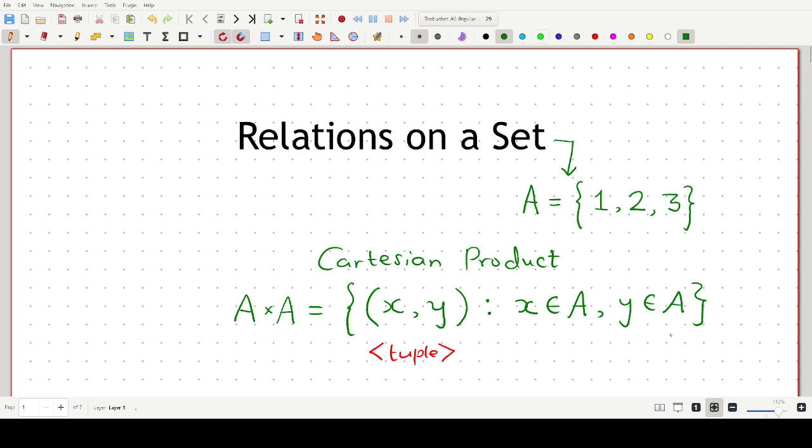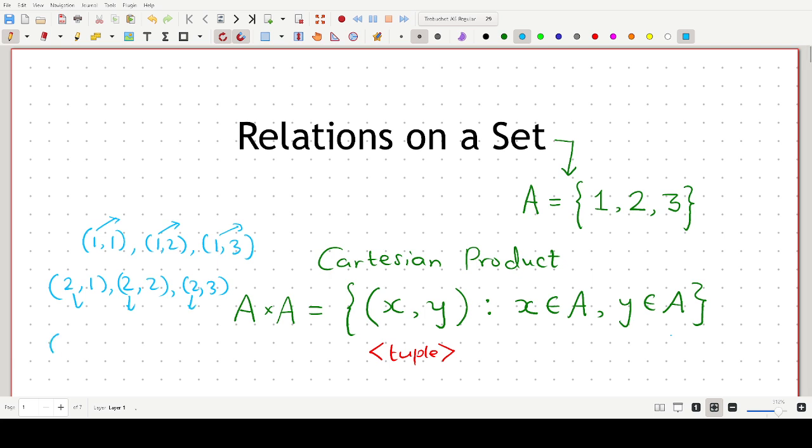Now, if we want to write down explicitly the elements of this set, it would look like 1 comma 1, 1 comma 2, 1 comma 3, where the leftmost element is 1. You could also write 2 comma 1, 2 comma 2, and 2 comma 3, where the first element is 2.